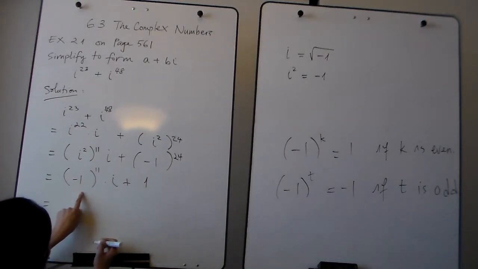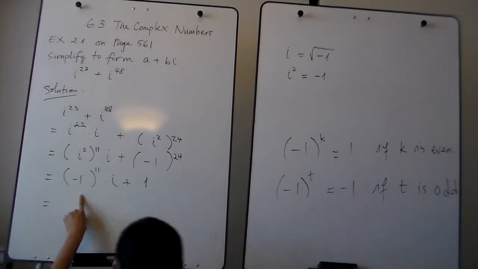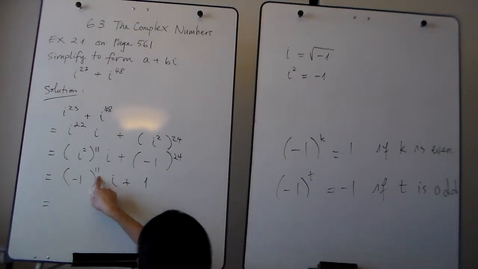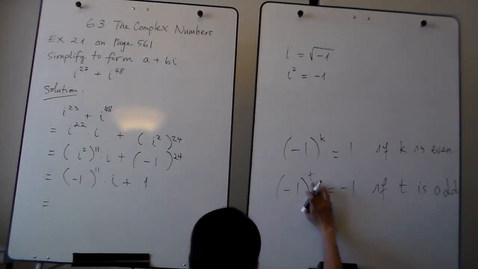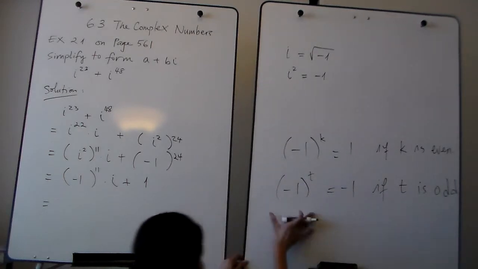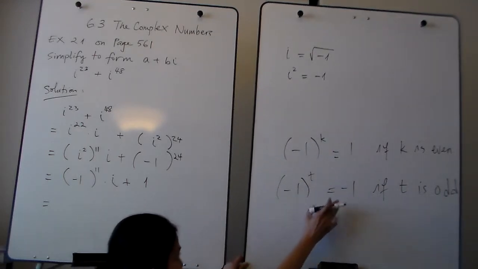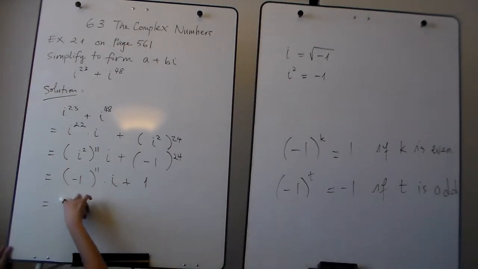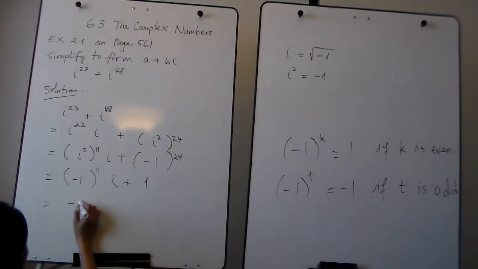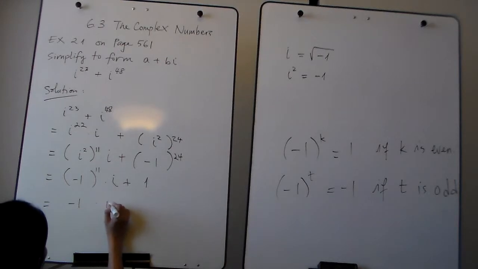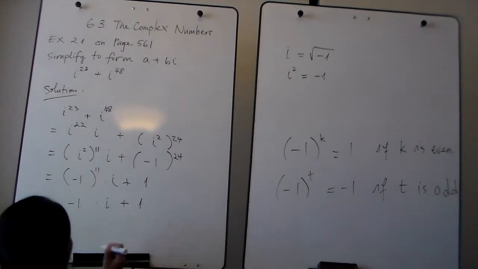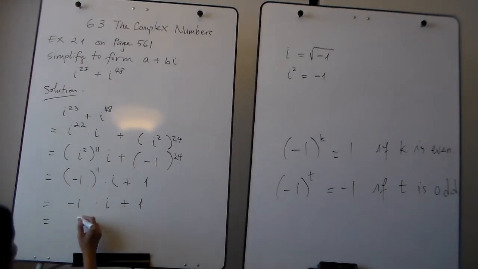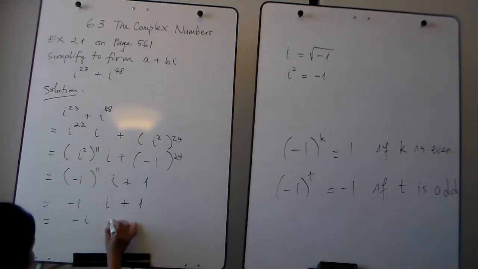And how about this? -1 raised to 11, and 11 is an odd exponent, so when you simplify this, you get -1. So -1 raised to 11 is equal to -1 times i plus 1. And simplifying, -1 times i is -i, plus 1.